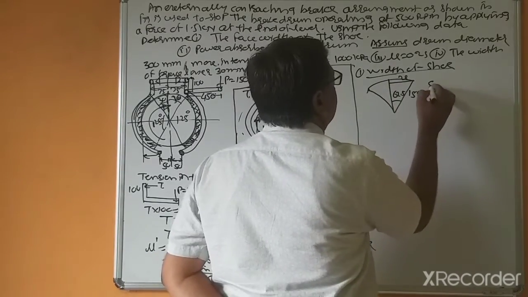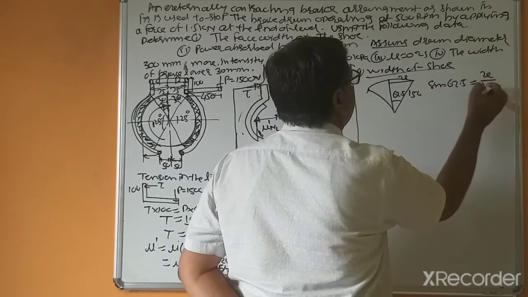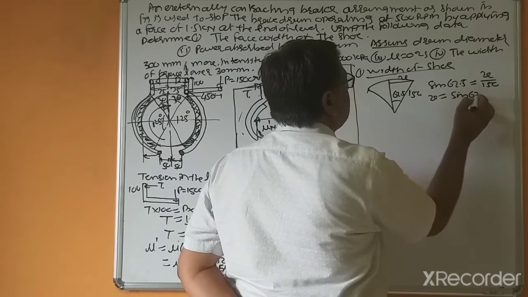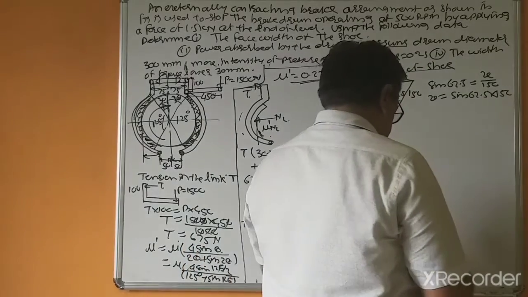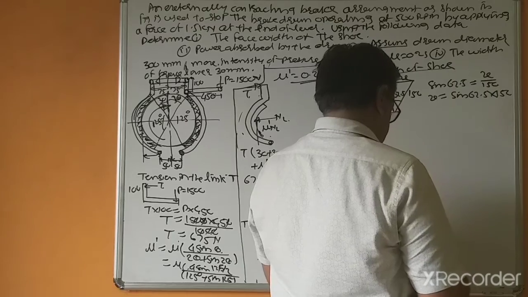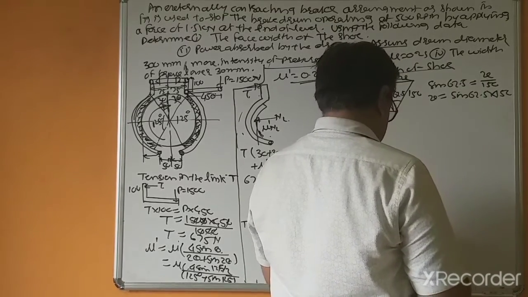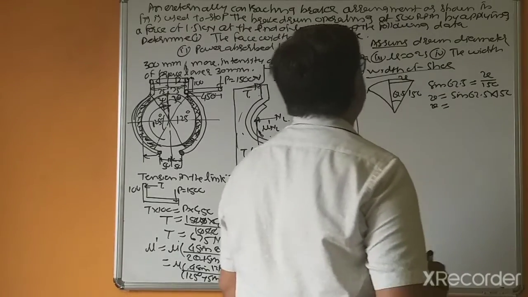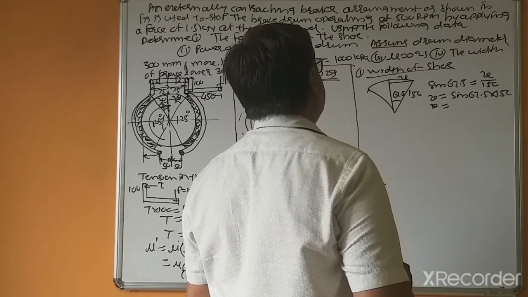So sine 62.5 equal to x divided by 150. X equal to sine 62.5 multiplied by 150. X equal to, so what we calculated, that is correct.